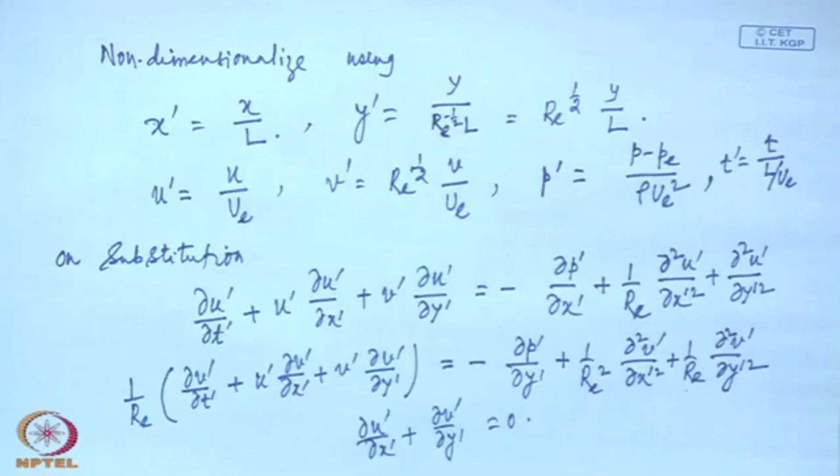Now, if we assume that Reynolds number is very large, so that 1 by Re approaches 0, and in that situation all the derivatives are finite, then we can neglect all these terms.